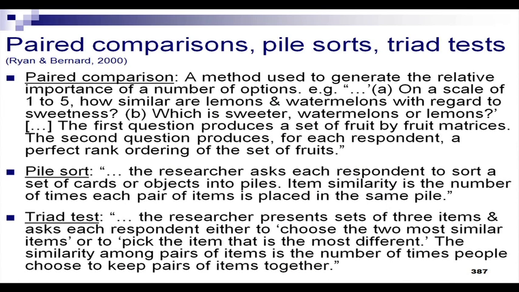The third technique here is the triad test, in which the researcher presents sets of 3 items and asks each respondent either to choose the 2 most similar items or to pick the item that is most different. And the similarity among pairs of items is the number of times people choose to keep pairs of items together.